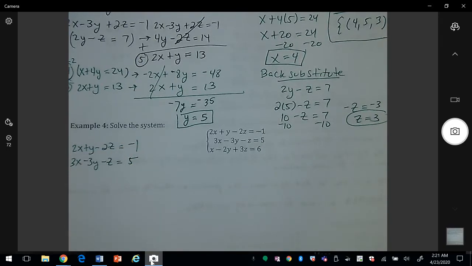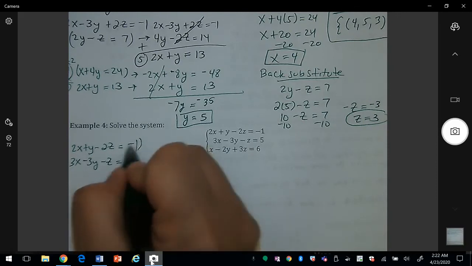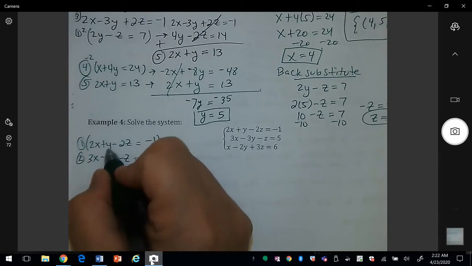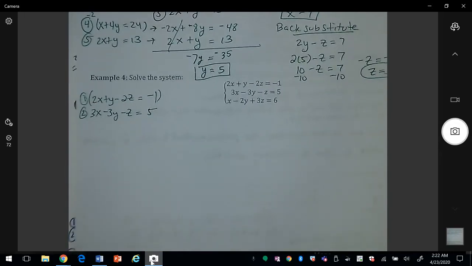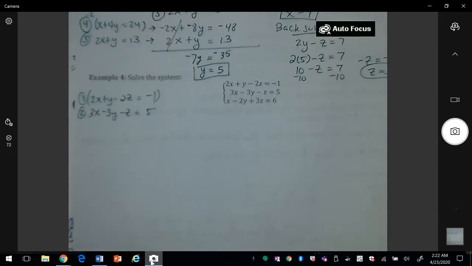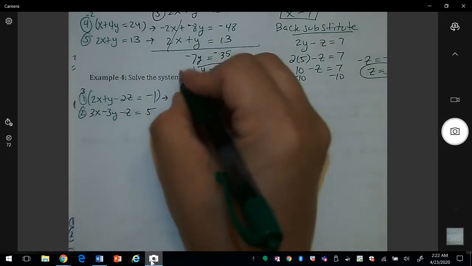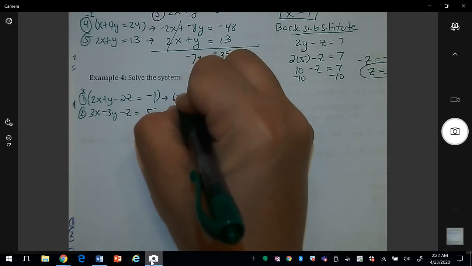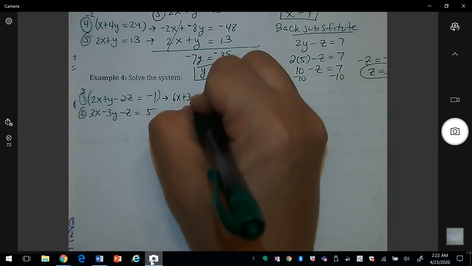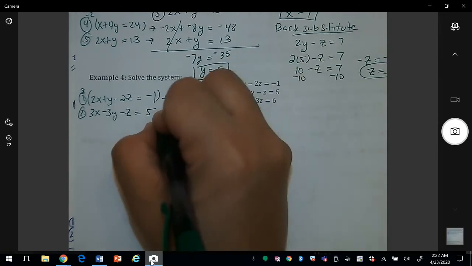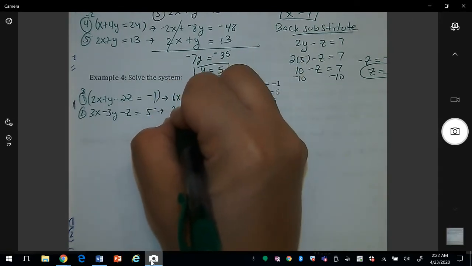And so we can choose to eliminate the x's or the y's or the z's. I'm going to go ahead and pick the y's. So in order for these to cancel, I need this to be a positive 3. So I'm going to multiply this equation by 3. So this will become 6x plus 3y minus 6z equals -3. And this will remain the same.